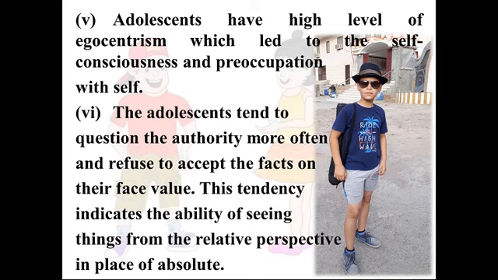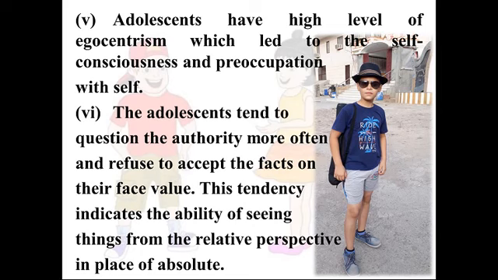They have the concept of immortality, invulnerability, uniqueness. These things make an individual disobey authority, and along with that, they do not accept the facts which are available in society or in their domain at face value. They tend to question even facts too.